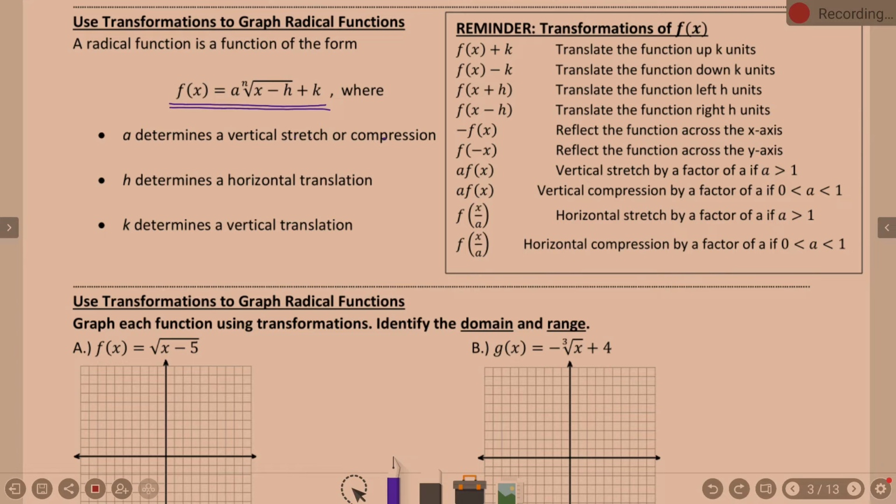And so here it says horizontal translation, or if you struggle with horizontal, it's your left and right movement. Okay? And then K determines your vertical translation. So remember, the number at the end, away from the x, is going to be vertical, so that's going to take us up and down.